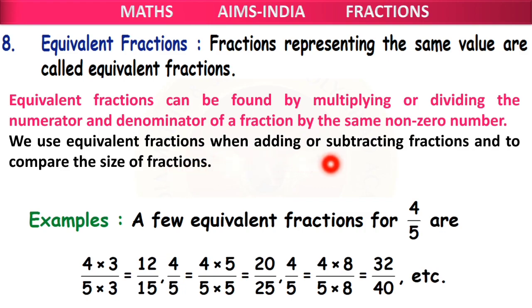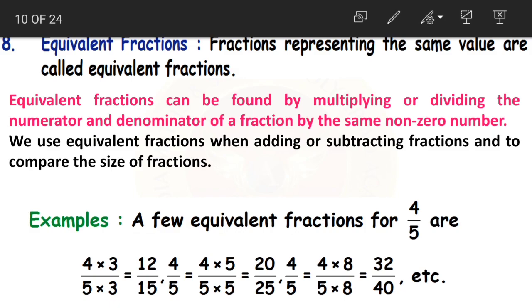When do we use them? We use them when adding or subtracting fractions and to compare the size of fractions. Now see, in your previous classes I hope you've learned about kilometers and centimeters, and other units of measure. What did we do?